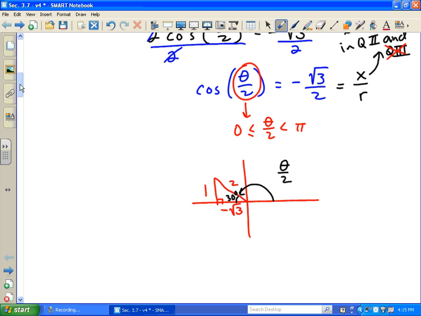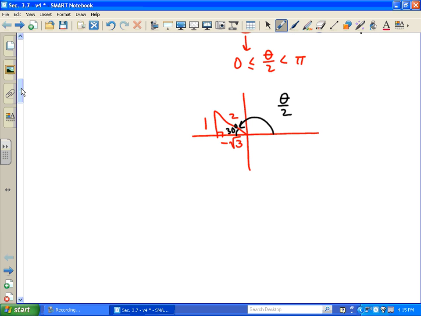So theta over 2 is equal to the angle from the positive x-axis around to the terminal side of the triangle we have drawn. You can see that in this case, theta over 2 is going to equal 180 degrees minus 30 degrees, which is 150 degrees.